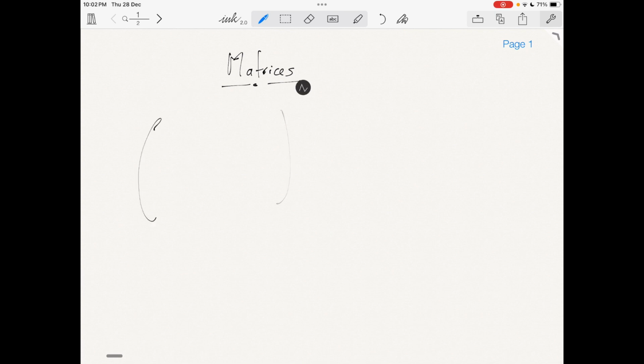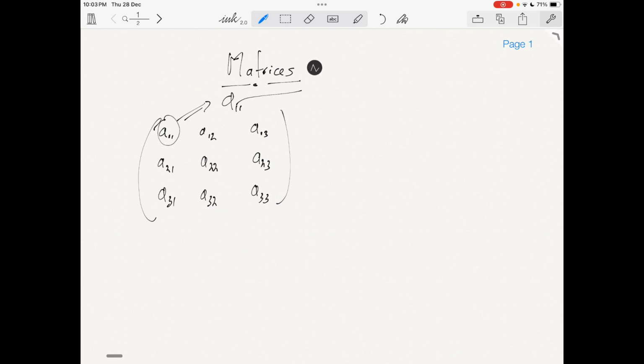So we can have a matrix of A11, A12, A13, A21, A22, A23, A31, A32, A33. Now we realize that if we look at each one and expand on it, we have A11. Realize that the first number is our row number, and the second number is our column number.